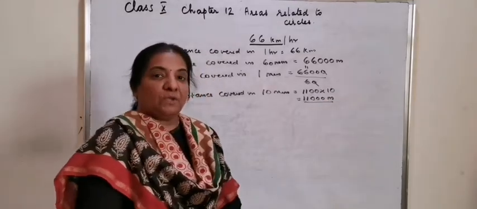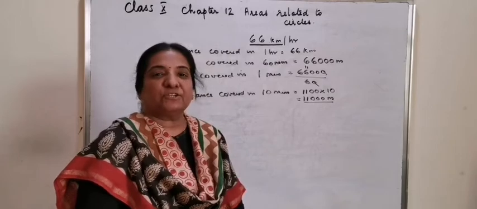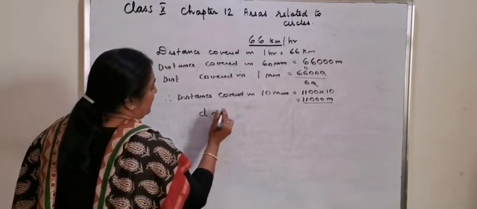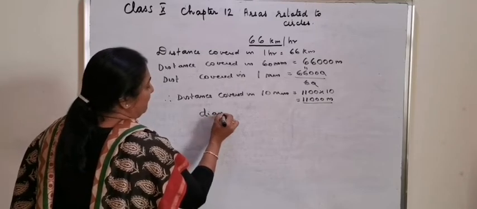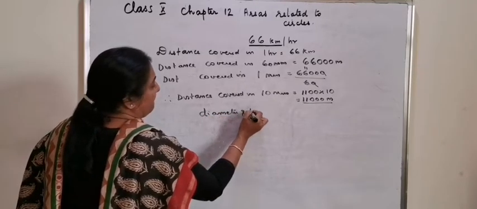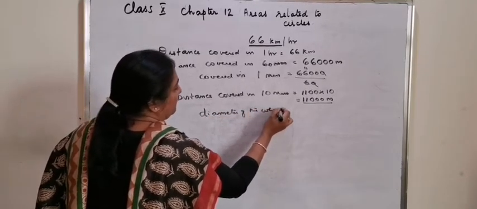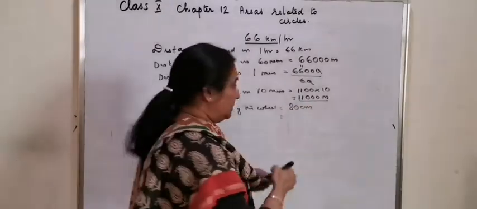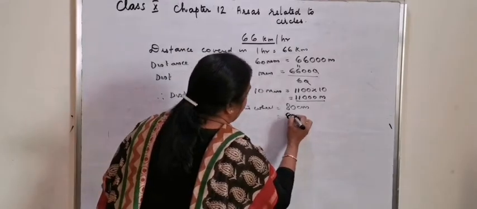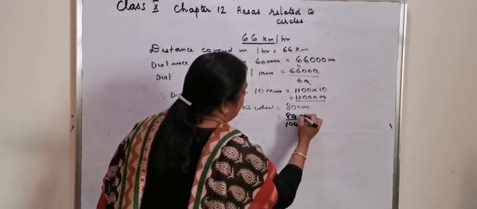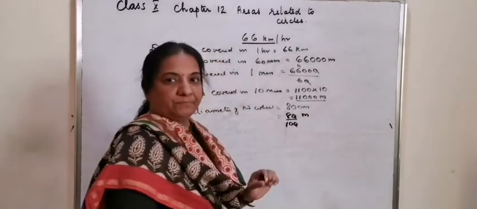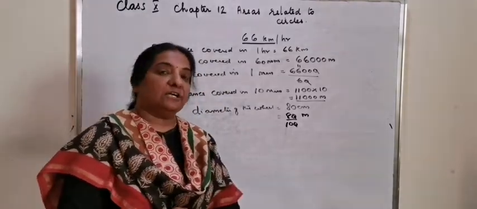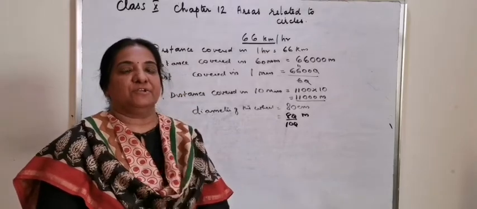And now, what is the diameter of the wheel? Diameter of the wheel is equal to 80 centimeter, which is equal to 80 divided by 100 meter. And now, how do you calculate the distance covered by the wheel in one revolution?